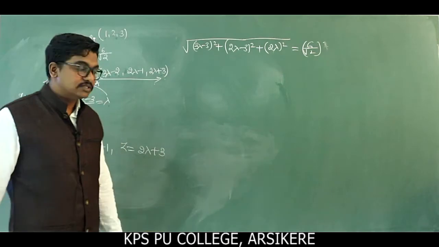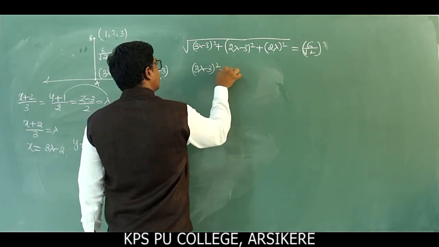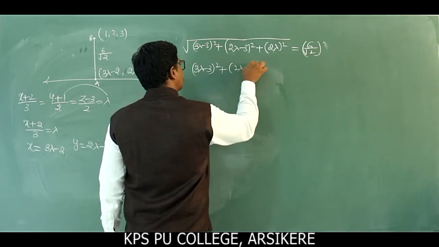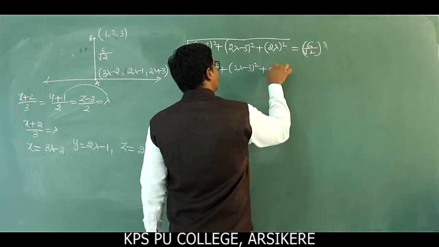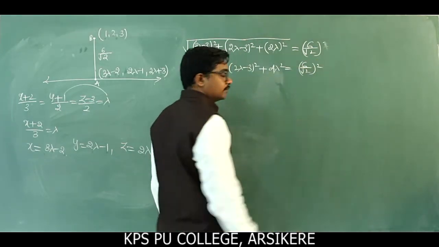After squaring on both sides, we are left with (3 lambda minus 3) whole square plus (2 lambda minus 3) whole square plus 4 lambda square is equal to (6 divided by root 2) whole square.